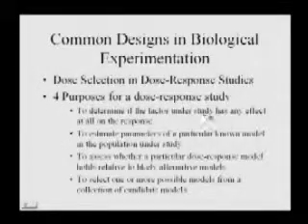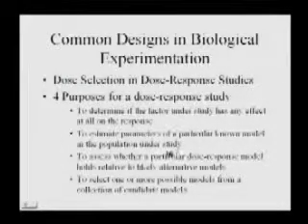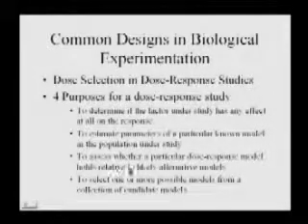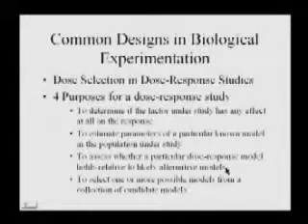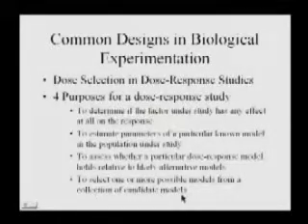First, to determine if the factor under study has any effect at all on the response. Next is to estimate the parameters of a particular known model in the population under study. Next is to assess whether a particular dose response model holds relative to the likely alternative models. And finally, to select one or more possible models from a collection of candidate models.